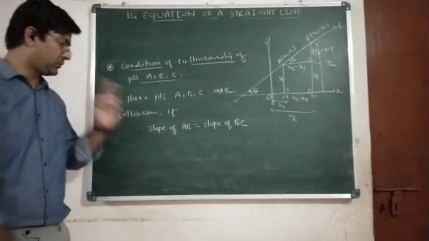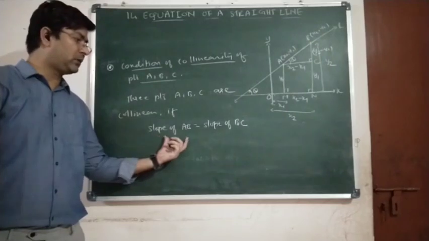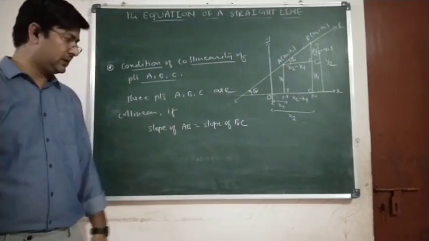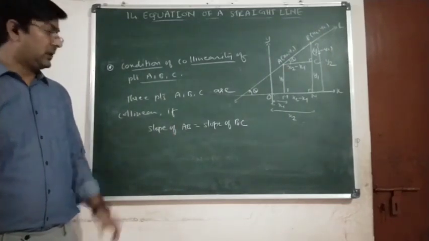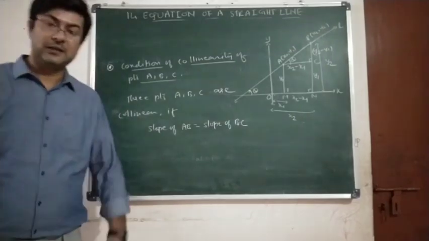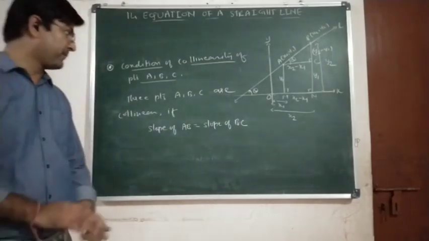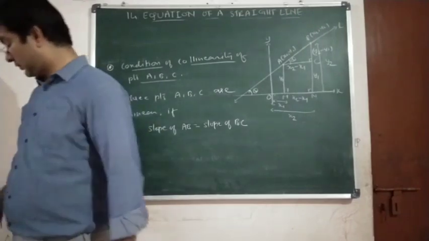Yes or no? Two different points we should take. Slope of AB is equal to slope of BC. Then we can say that the 3 points A, B, C are collinear. Clear? Okay, so remember this condition of collinearity.